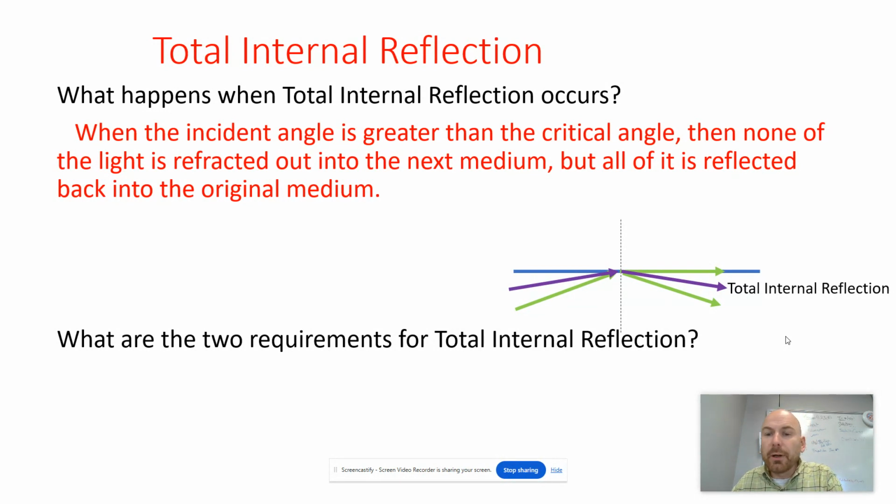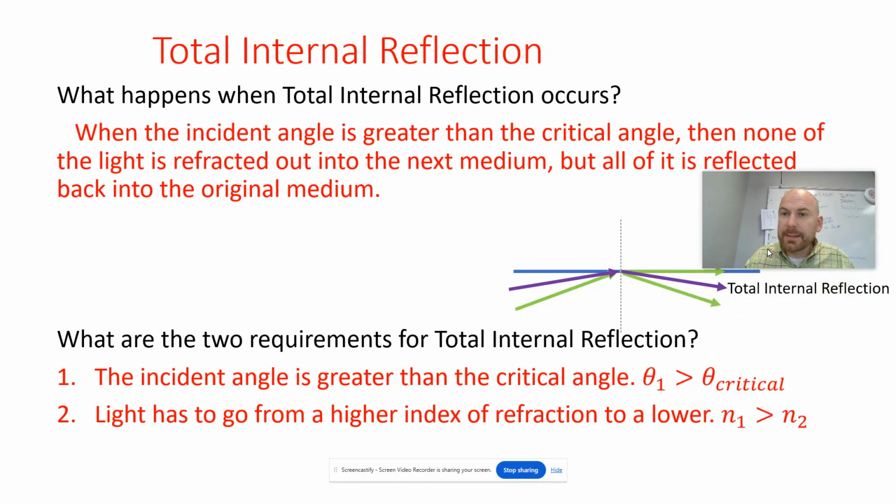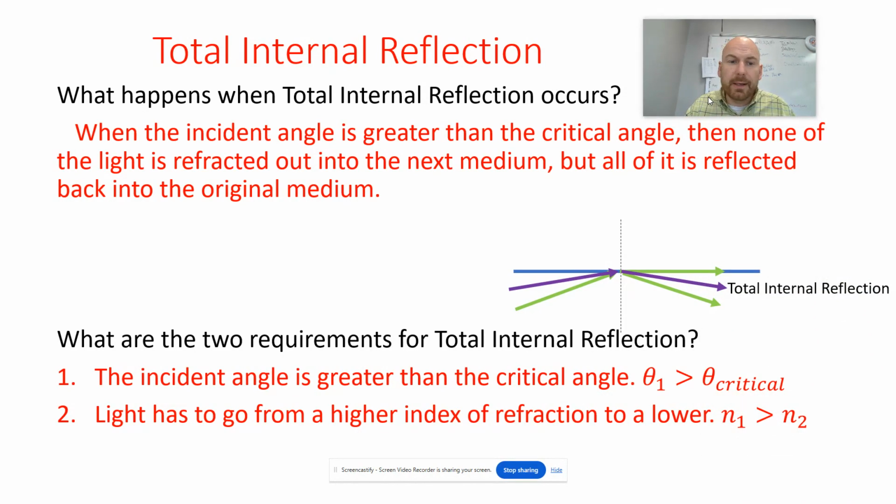There are two requirements for that. One, that the incident angle is greater than the critical angle, which is demonstrated here in the purple. And the second is that light has to go from a higher index of refraction to a lower index of refraction.